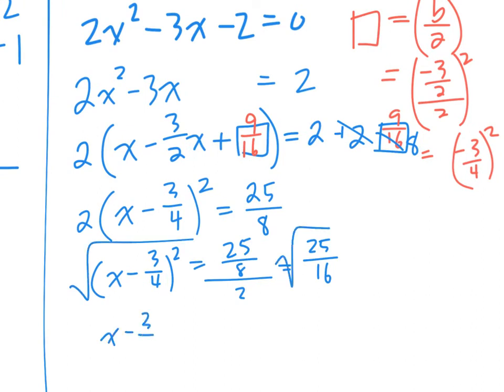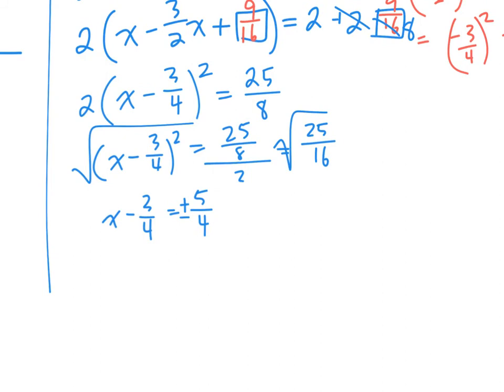X minus 3/4 equals 5/4. Is that right? Plus minus. Okay, every time you square root, plus minus. Please make sure you do that. Okay, last thing you're going to do is add the 3/4 over. 3/4 plus minus 5/4.